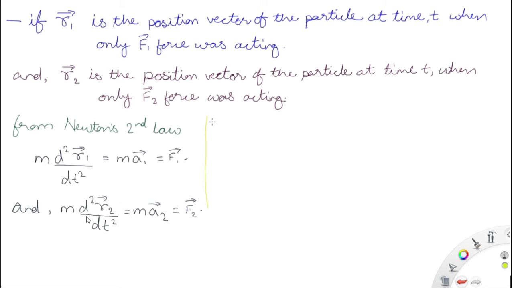Mass into the double differentiation of the position vector with respect to time gives mass into acceleration at point 2, equal to F2. So F2 is acting in the direction of the acceleration caused by it, and this is acting at the displacement r2.